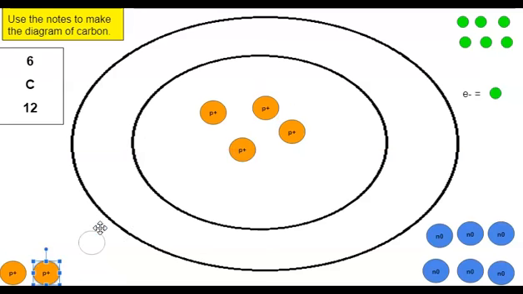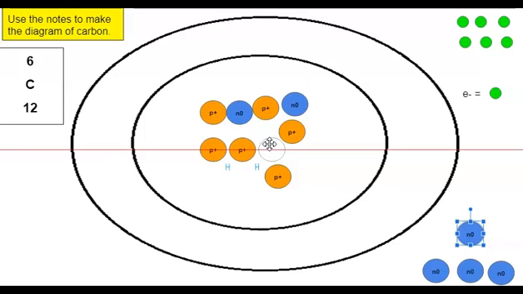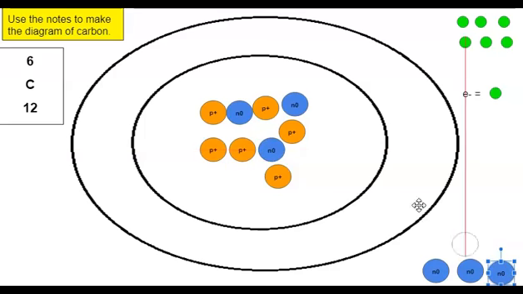And we remember that to find the number of neutrons, we took the mass, 12, and subtracted the atomic number of 6. And that gave us 6 neutrons. So now we can also move these neutrons into the nucleus, because protons and neutrons are both in the nucleus of the atom. And this is where the mass is that makes up the atom.